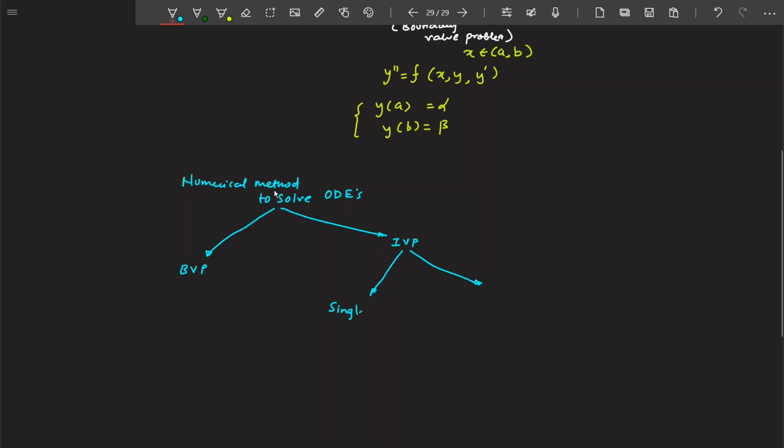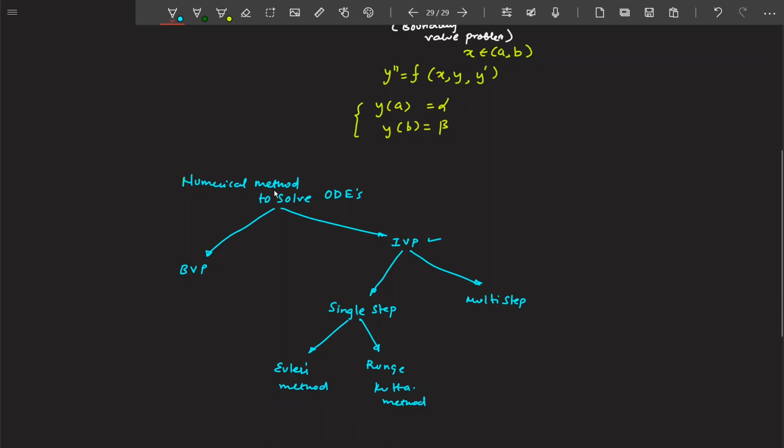First is known as single step methods or single step techniques. The other is known as multi-step techniques. If you want to talk about single step methods, there is Euler's method, then the Runge-Kutta method. These are the methods that you are going to use to solve your initial value problem.